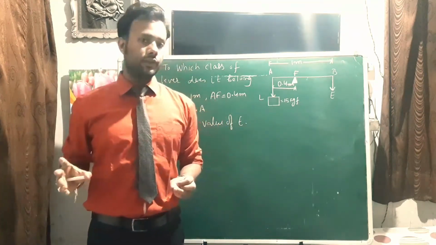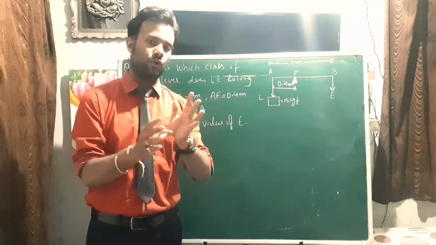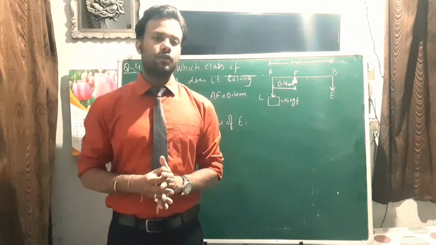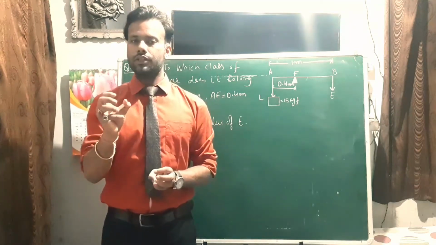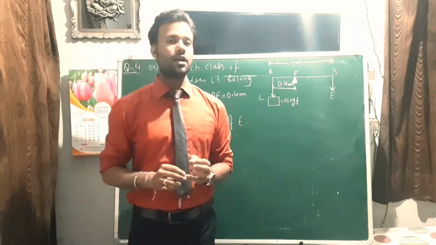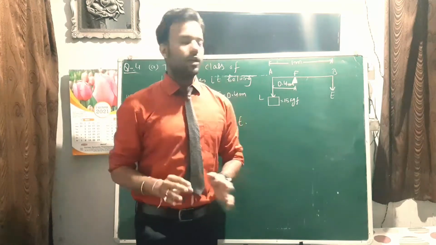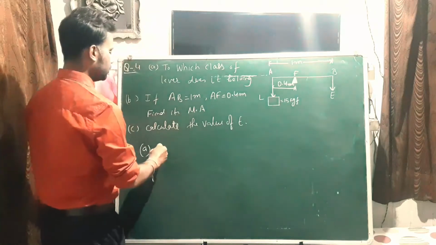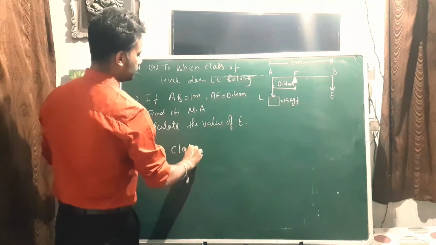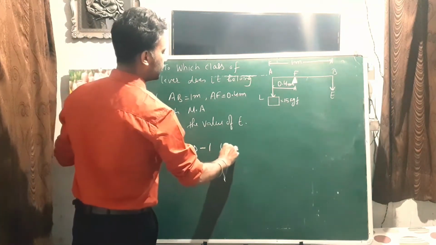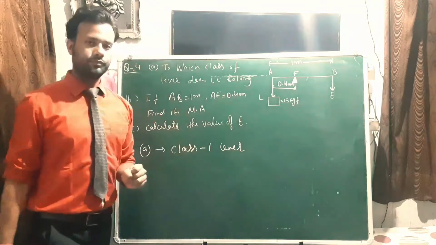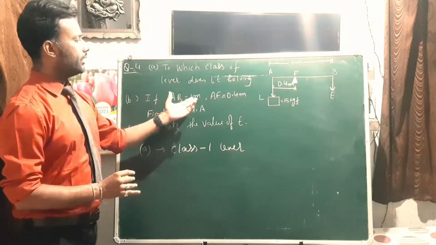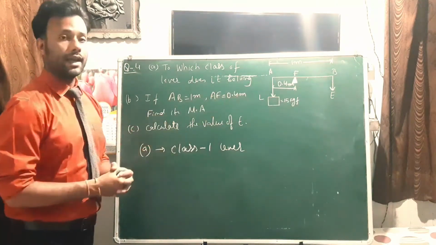In class 2 lever, R, resistance or load, is in the middle, and in the class 3 lever, effort is in the middle. Now in this case you can see that the fulcrum is in the middle. That means this belongs to the class 1 lever.